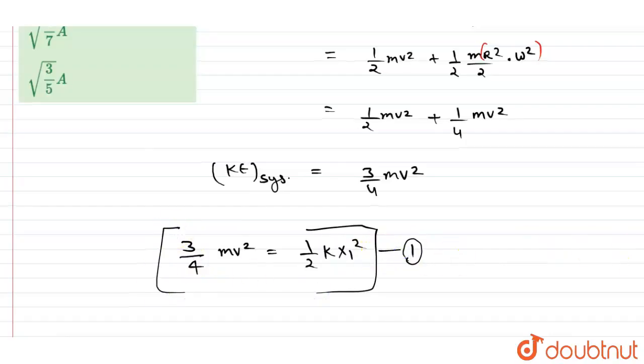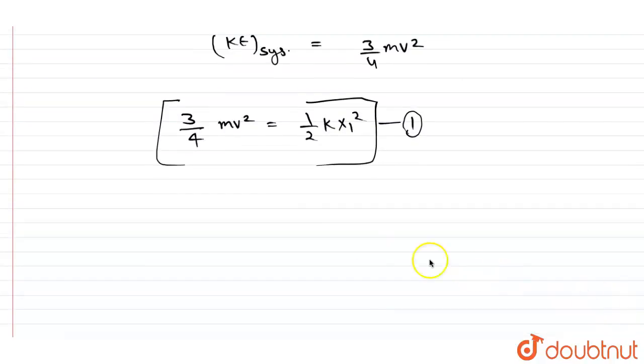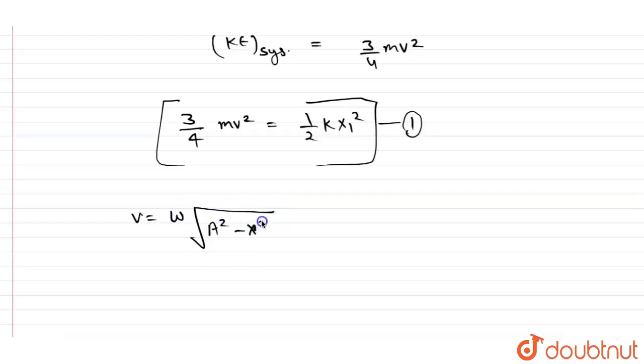Now try to find the velocity and the omega. First of all, let us try to find v. We know that whenever we are talking about the velocity in S.H.M, if the particle is performing S.H.M, the v can be written as omega under root of a square minus x square.